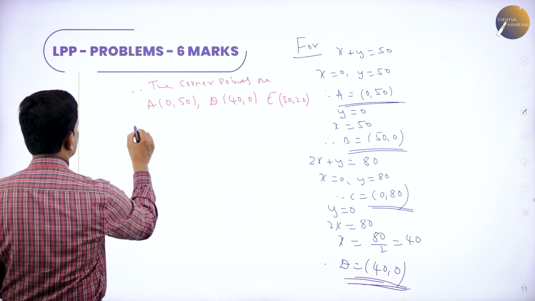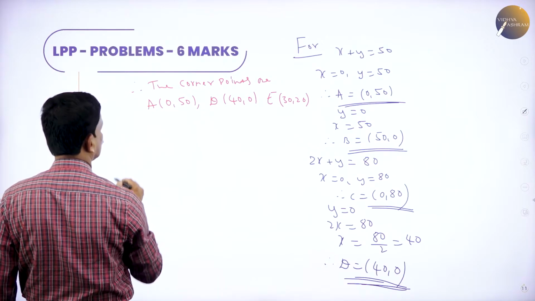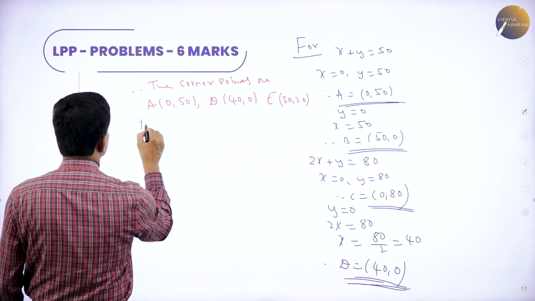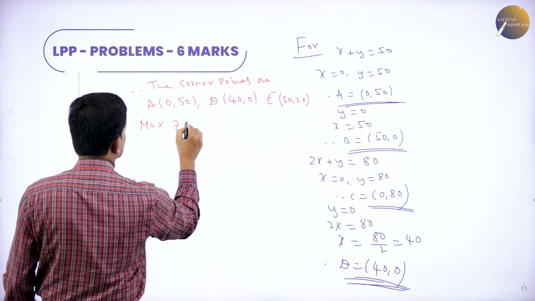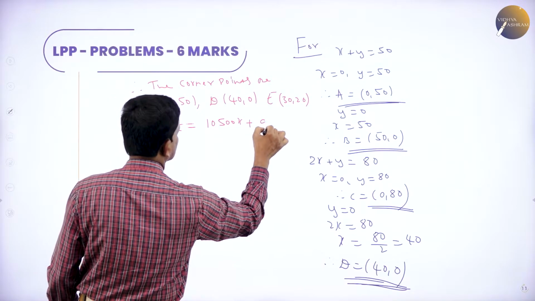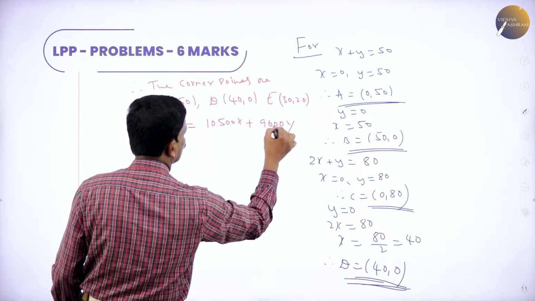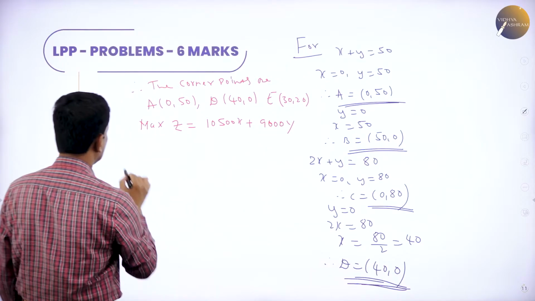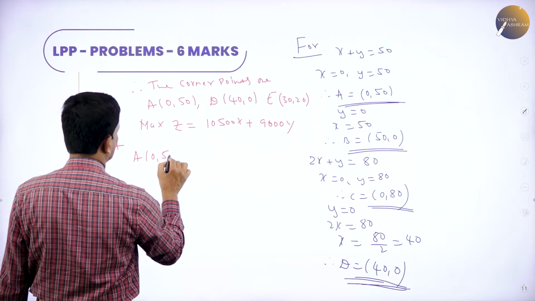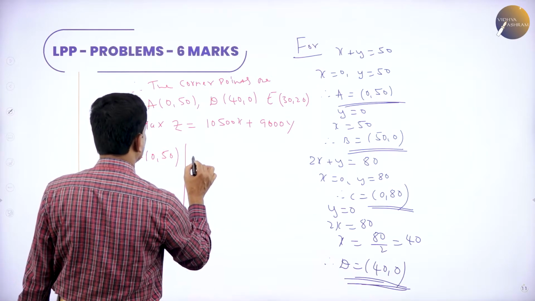Okay. Now, what is the objective function? The objective function is max Z is equal to 10,500 X plus 9,000 Y. Substitute here at A (0, 50). What will we get?